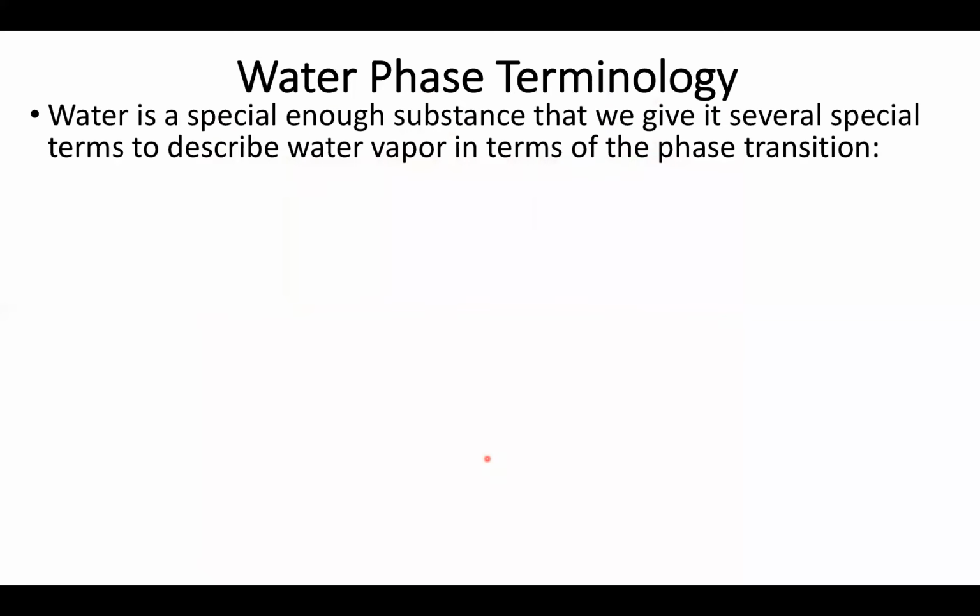So one of the other things I want you to be very aware of when we're talking about water is that it also has its own special terminology that we can apply to describe its properties in terms of its phase transitions. One of the important things to remember about water is that it very often isn't under equilibrium conditions.